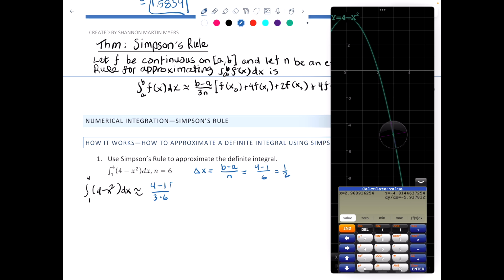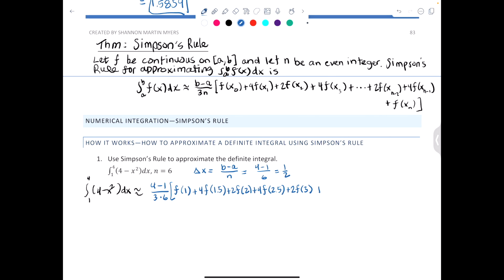And then times f at 1, right, plus the second one will be a 4 times, so 4 times f at 1 plus 1/2, which is 1.5, plus 2 times f at another half, which would be f at 2, plus 4 times f at 2.5, plus 2 times f at 3, plus 4 f at 3.5.